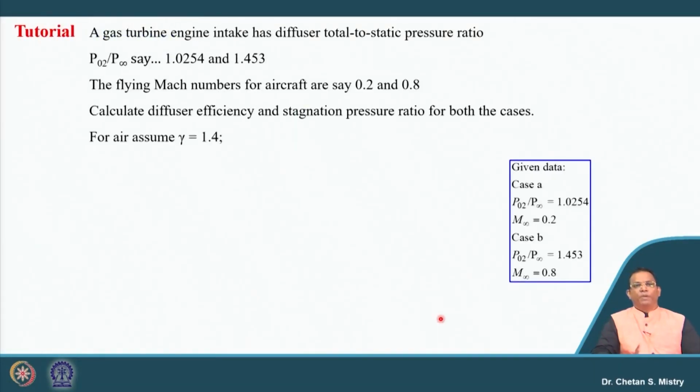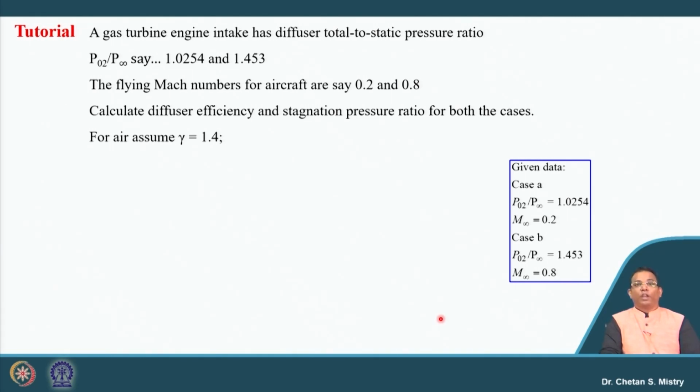In order to build confidence in understanding, let's take one numerical. A gas turbine engine intake has a total to static pressure ratio, that is P02 by P infinity, of 1.025 and 1.453. The aircraft is flying at two different Mach numbers, 0.2 and 0.8.